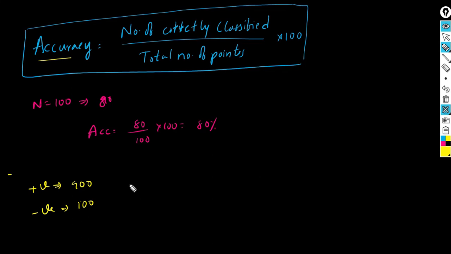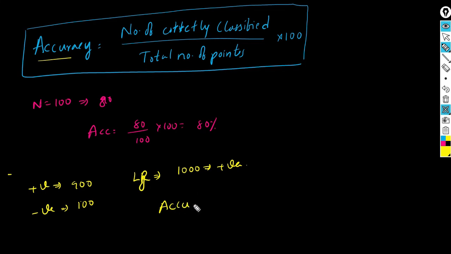Now a model like a logistic regression LR model is there, and this model classifies all these 1000 points as positive class only. Suppose, at that time what accuracy will we get? By general observation we can tell that it only classifies the positive class, which means this is not a good model, because it is not able to get the negative class.